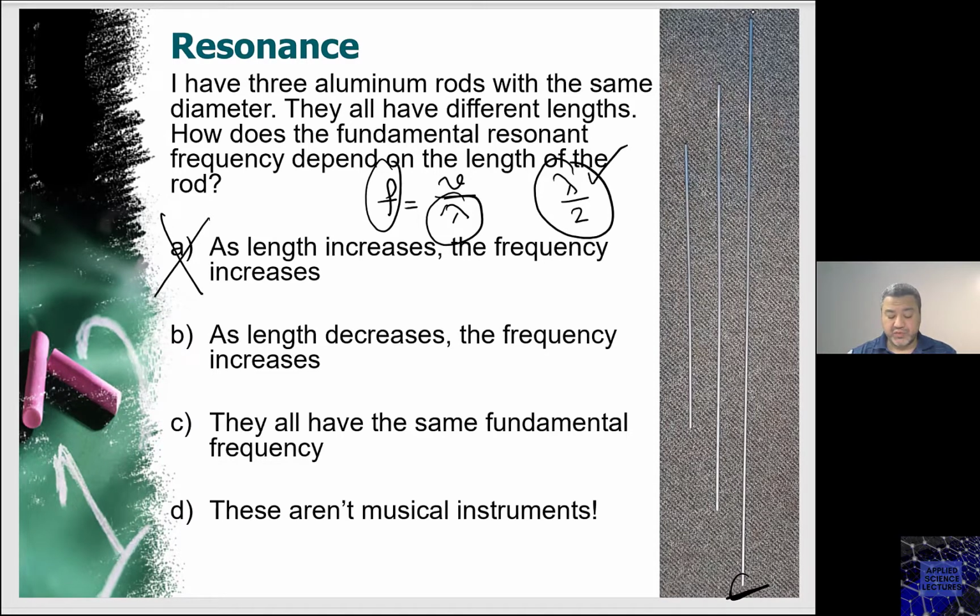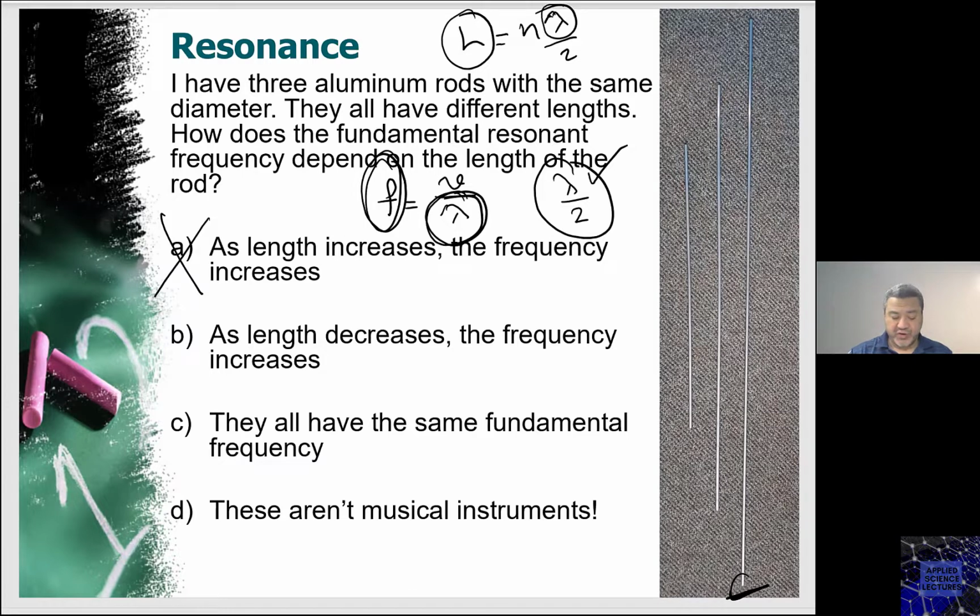This is wrong because we know that the frequency and lambda are inversely proportional, and the lambda and the length are proportional, or L equals n lambda over 2 for the open or closed, and assuming that those are from the same structure, and assuming that they're all open rods, the length is proportional to lambda, which means the frequency is inversely proportional to the length.